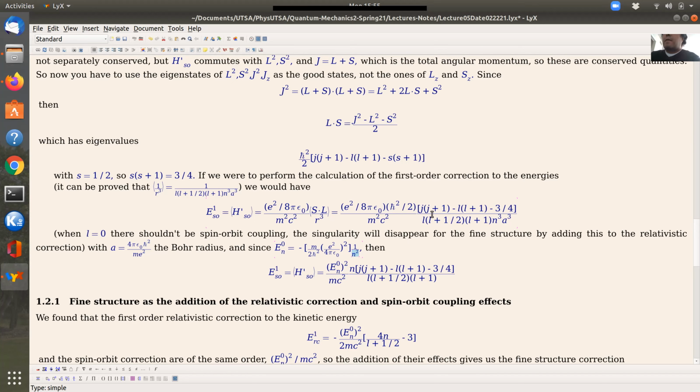So if I clean up a little bit my formulas over here, I'll have the Bohr hydrogen energies squared with this factor of n divided by mc squared, which was popping up over here, and then this function of quantum numbers.